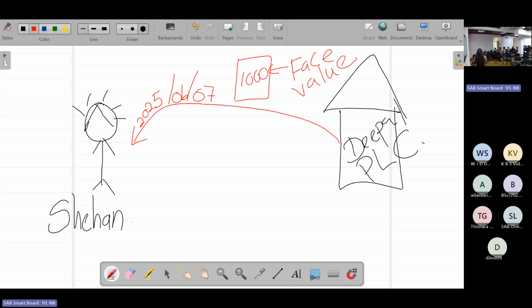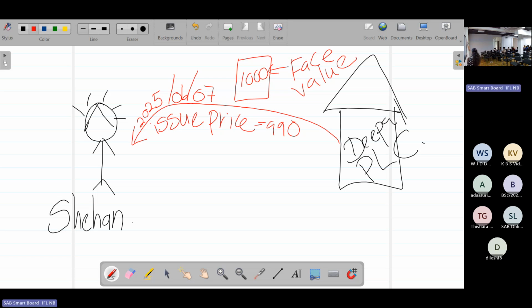Right? But when we are issuing this bond, even though the value is 1,000, are we going to claim the 1,000 from the investors? Yes or no? No. Right? So therefore, the issue price, even though the value is 1,000, we are issuing it at 990, slightly lower than the face value.